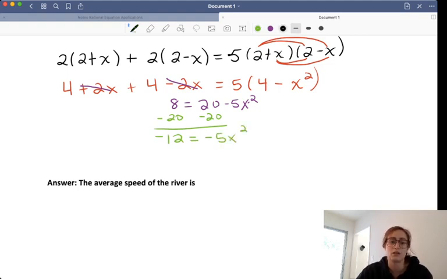And then divide both sides by negative 5. So I have x squared equals, a negative divided by negative is a positive, so positive 12 over 5.